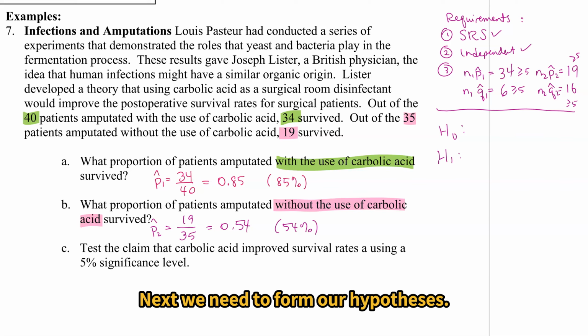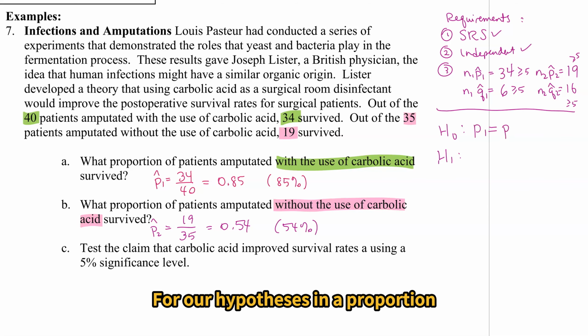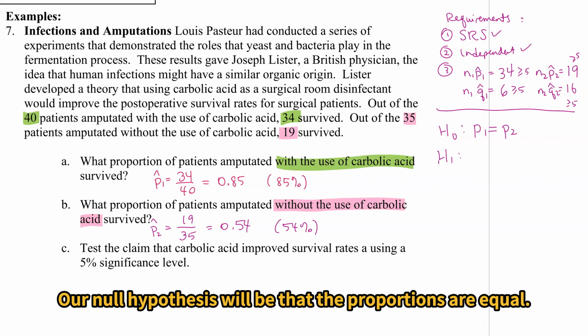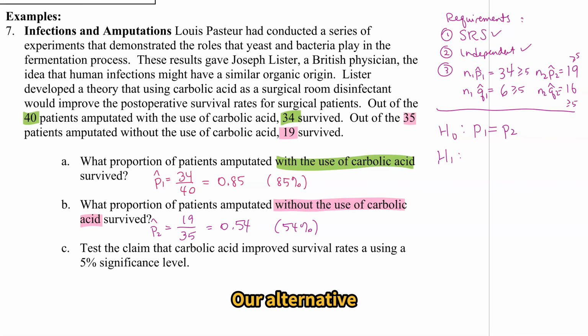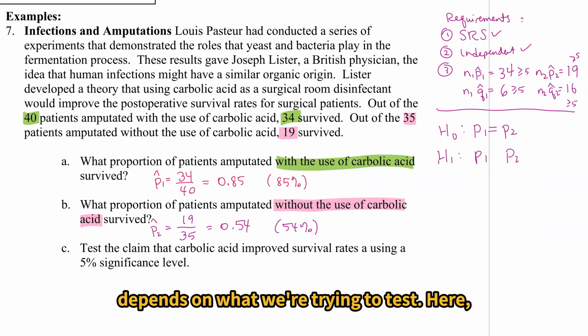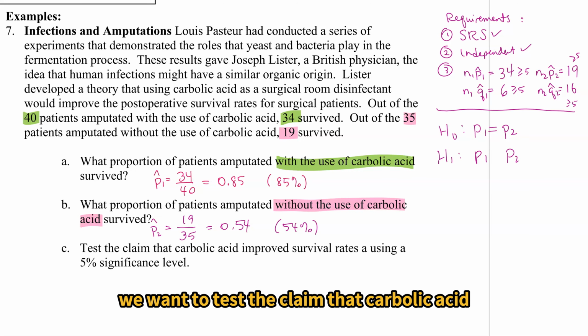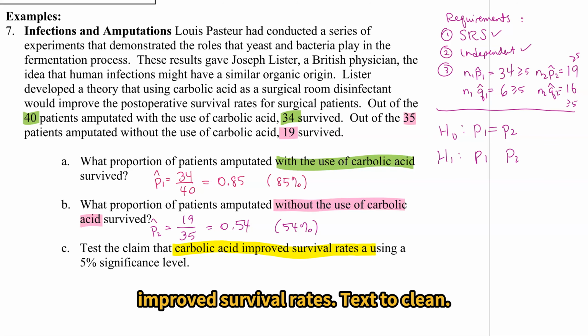Next, we need to form our hypotheses, and for our hypotheses in a proportion, our null hypothesis will be that the proportions are equal. Our alternative depends on what we're trying to test. Here we want to test the claim that carbolic acid improved survival rates.